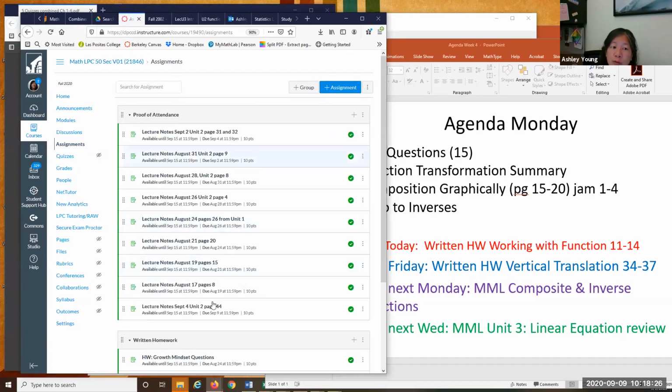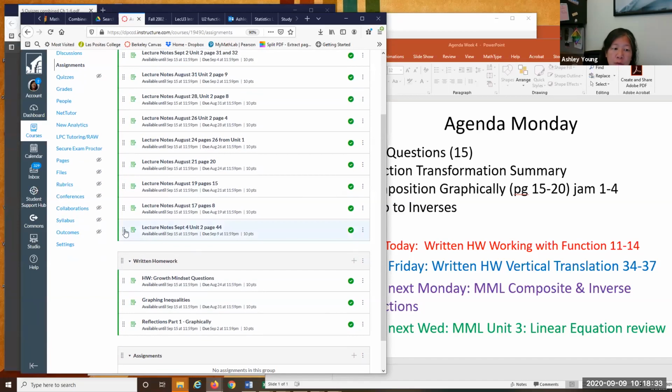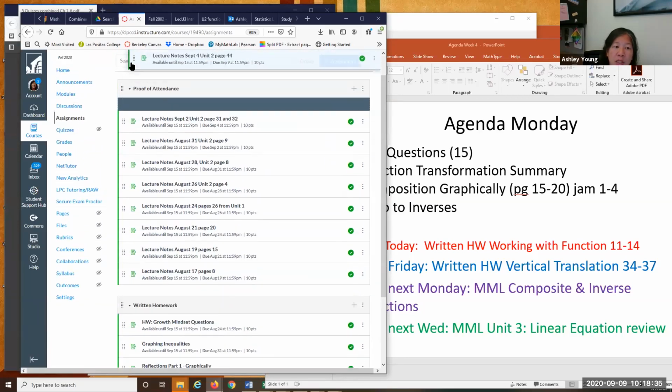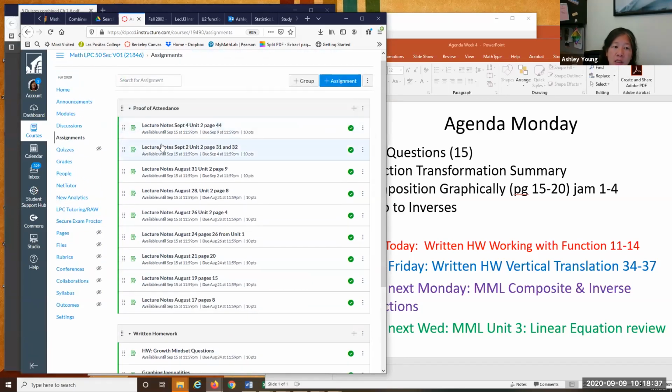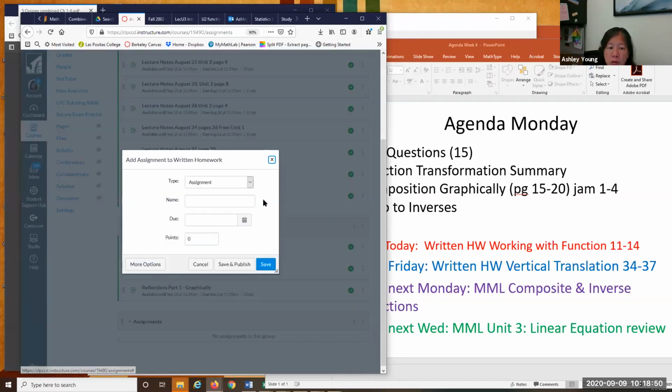You'll see your proof of attendance, which I have not chosen for today yet. And then you'll see the written homework. Oh, sorry, I should probably move this one up to the top. It'll be at the top or the bottom, the ones for today, under the date. And then written homework. This one here, the working with functions, is due.